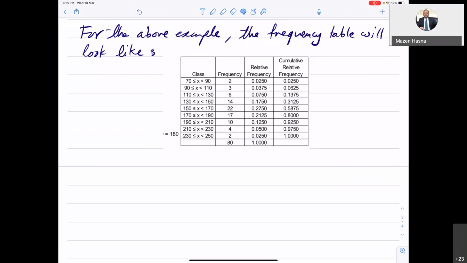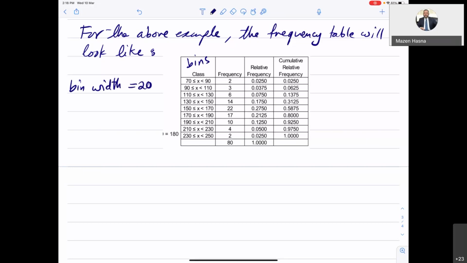So these are the classes or the bins. So I have between 70 and 90, then 90 to 110, 110 and 130. So my bin width equals 20.